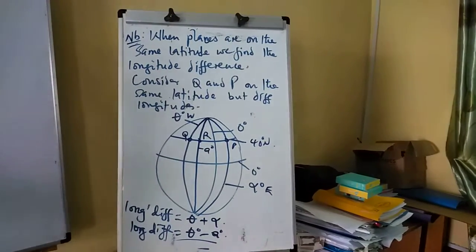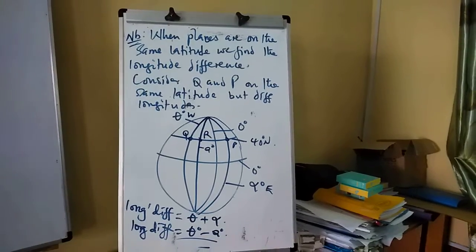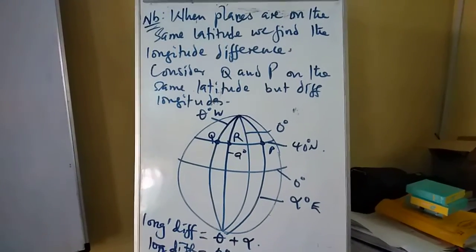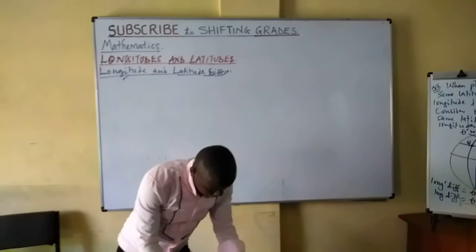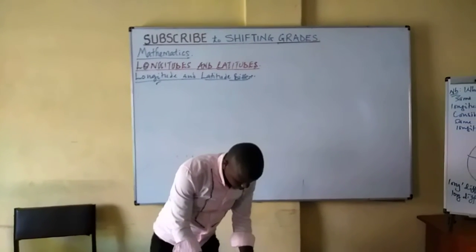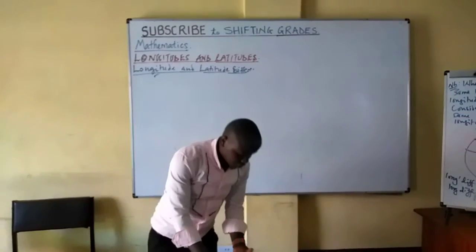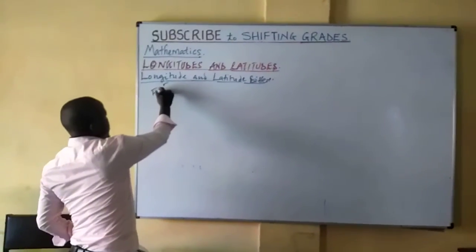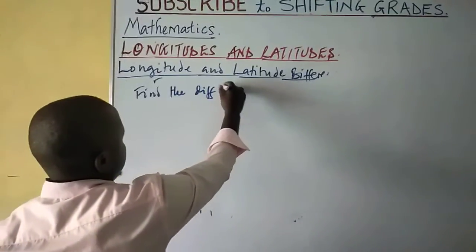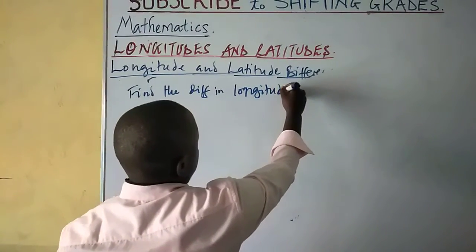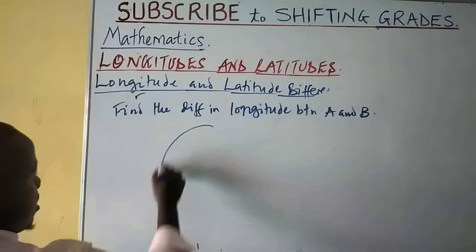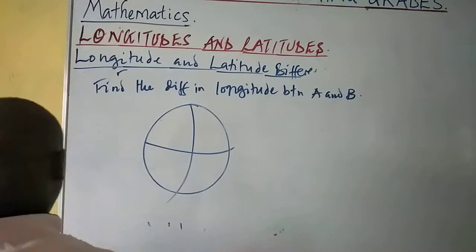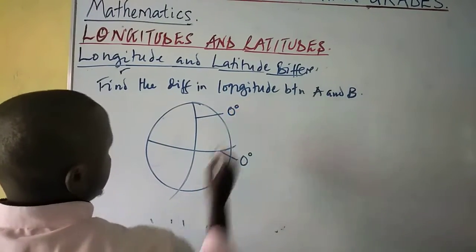Let me give an example. You are told, find the difference in longitude between A and B. Then they are plotted in a globe like this with 0 equator and 0 prime meridian.